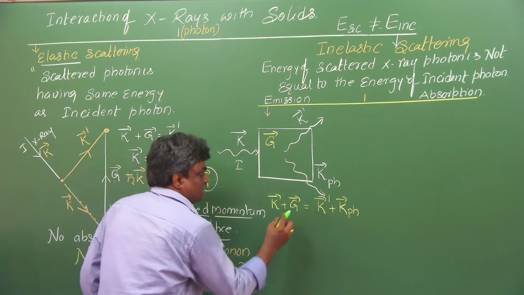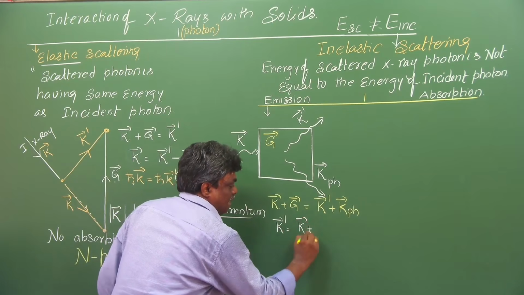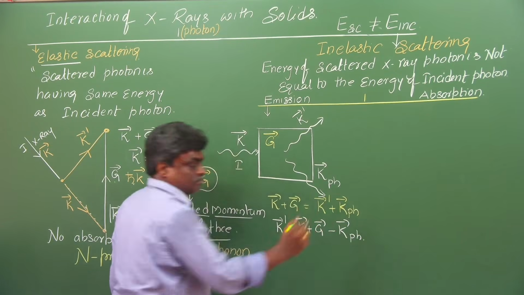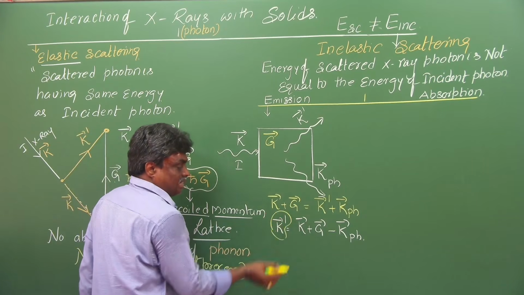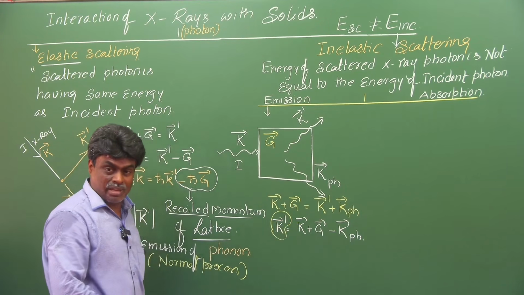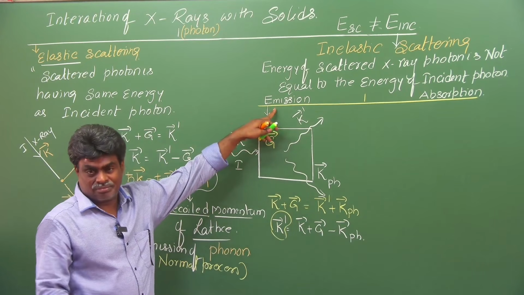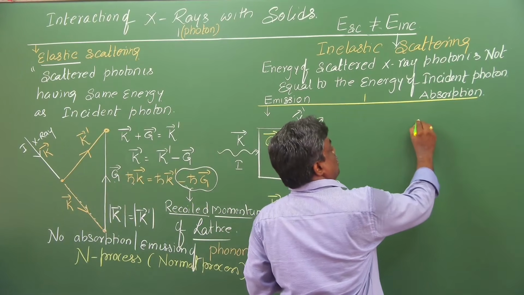Now this k prime equal to k bar plus g bar minus k bar ph. So is the scattered momentum less than the original or more than the original? Less than the original. Why? Emission. Okay. Next, come to this absorption.